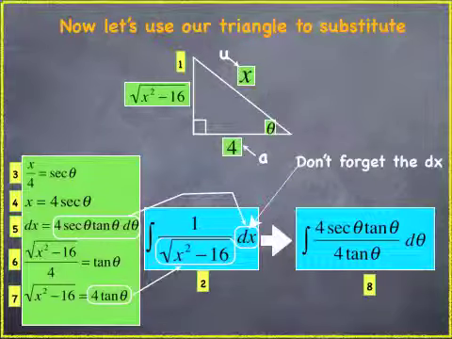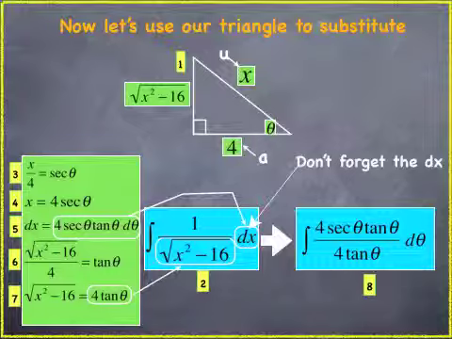Okay, so as we said, we begin in item 3 with x over 4 being secant of theta. Now, what we want to do in item 4 is solve for x by bringing the 4 to the right side of the equal sign. When we solve for x, that allows us to solve for dx, because when we make our substitution into our integral, we always have to replace the dx.